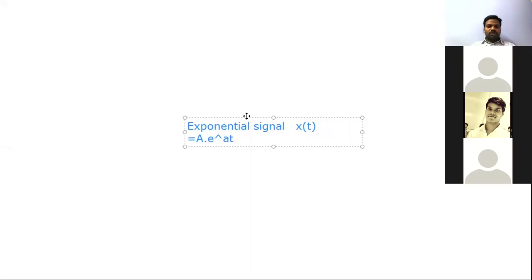See, just forget about this capital A. Capital A is nothing but only the multiplication factor, and you should remember only e power at. So what is this a? This a is nothing but a constant, and this depends on the value of a here.